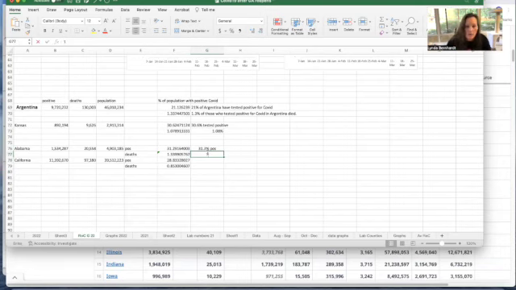This one is 1.3%. This is 28.8%. And this is, wow, that's pretty impressive, 0.85%.